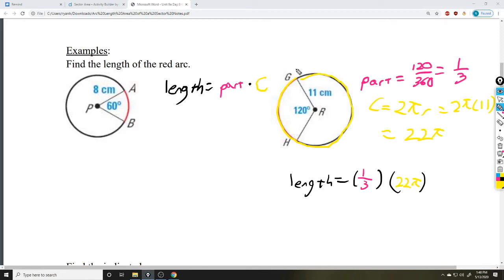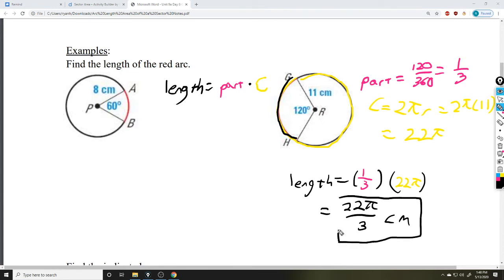All right, this entire length of the way around the circle. And what we're finding in the arc length is, what is this distance? What is this part if I only went 1/3 of the way? Well, 1/3 of the way, then we can just write it. This one can't be simplified, so we just have 22 pi over 3. We can't cancel something on top and bottom. Centimeters. Arc length is a distance, so it's in centimeters.